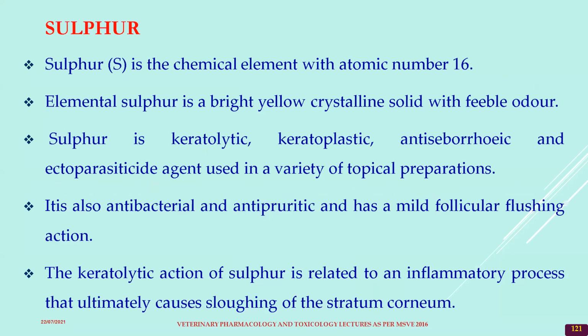It is also antibacterial and antipruritic and has a mild follicular flushing action. The keratolytic action of sulfur is related to an inflammatory process, ultimately causing sloughing of the stratum corneum. Initially we will see an exaggeration of the disease, followed by suppression.